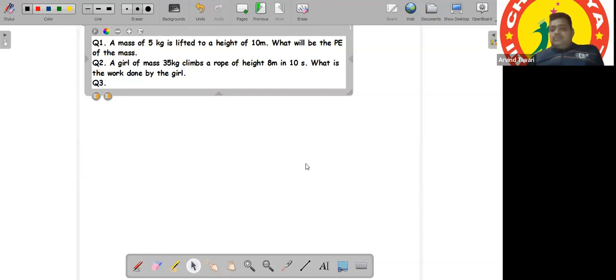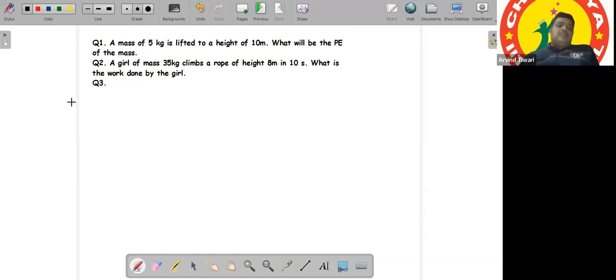So if you see the first question, you have a mass of 5 kilogram, and that mass is lifted to a height of 10 meter. So we write here mass, which is 5 kilogram. The height given to it is 10 meter, and we know the value of g, which is 9.8.